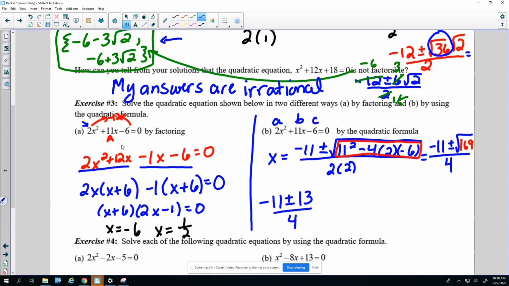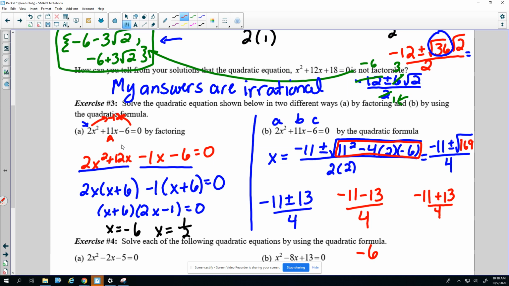Now, since everything's rational, the square roots are gone, I can continue simplifying that more, and I actually simplify it by splitting it up into 2 different answers. So I have negative 11 minus 13 over 4, and negative 11 plus 13 over 4. So negative 11 minus 13 over 4 equals negative 6.